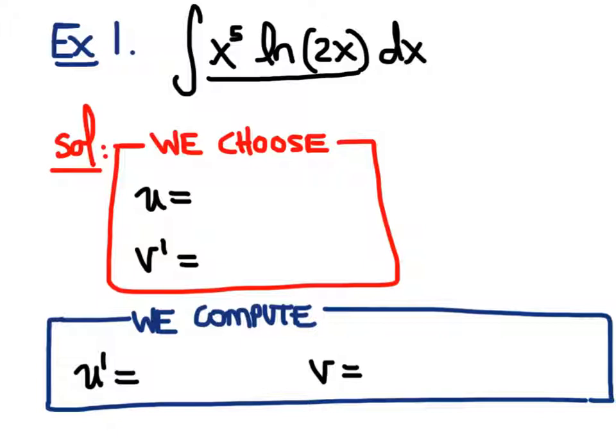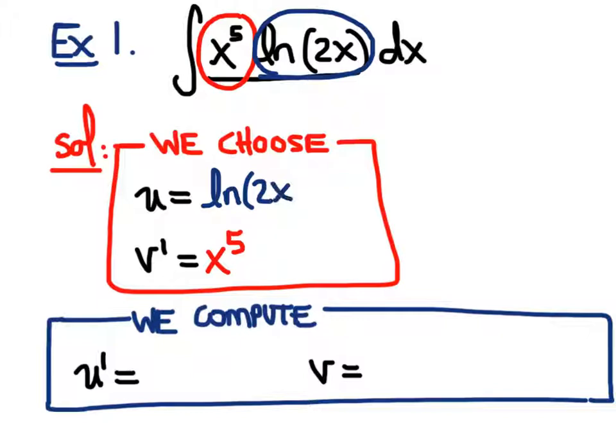So ln we don't have a basic integral formula for, but we do have one for x to the fifth. So we're going to set v prime to be x to the fifth. That then leaves the remainder of the integrand, ln of 2x, to be what we set u to be.